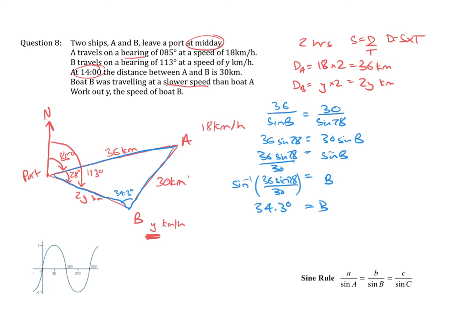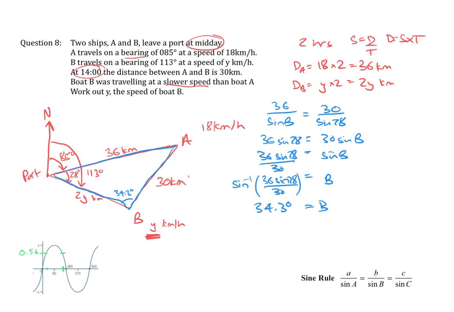So sine of 34.3 is going to be about here on my graph. That will give me a value of 0.56. You can check that on your calculator. But we can see clearly that also 0.56 appears here, and that would be this angle here.